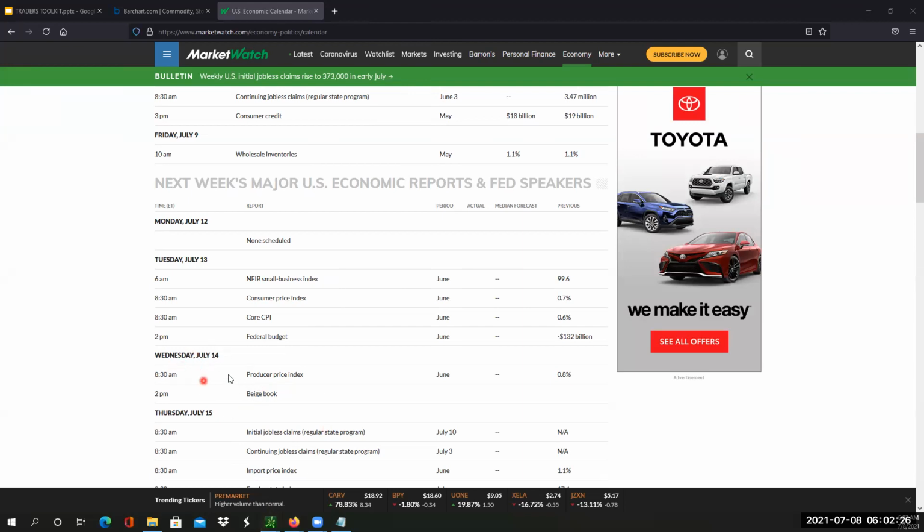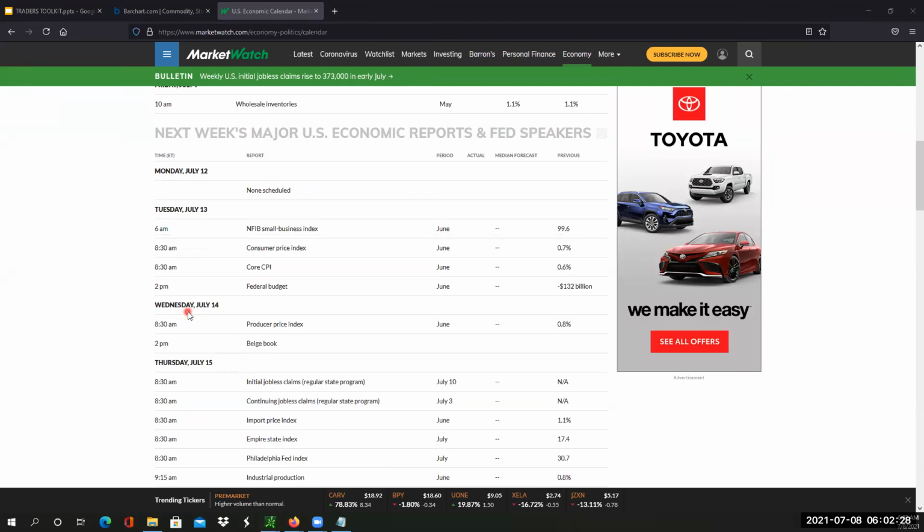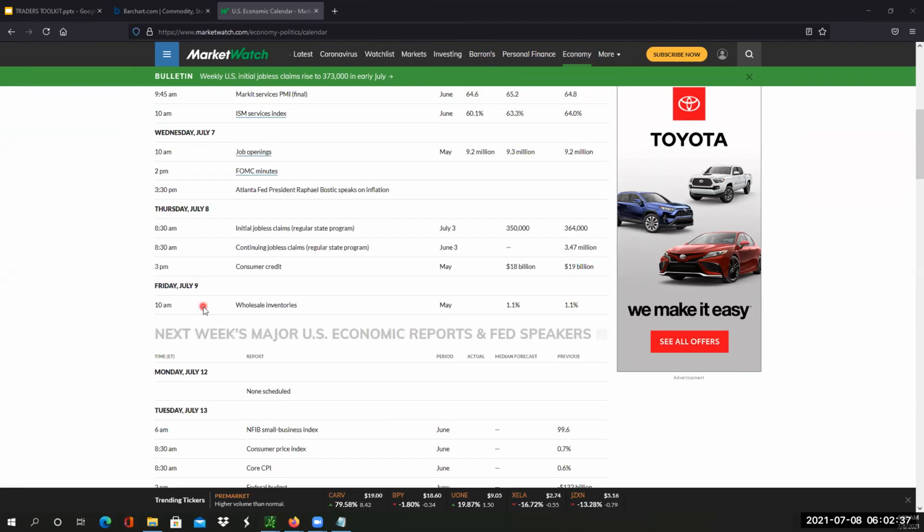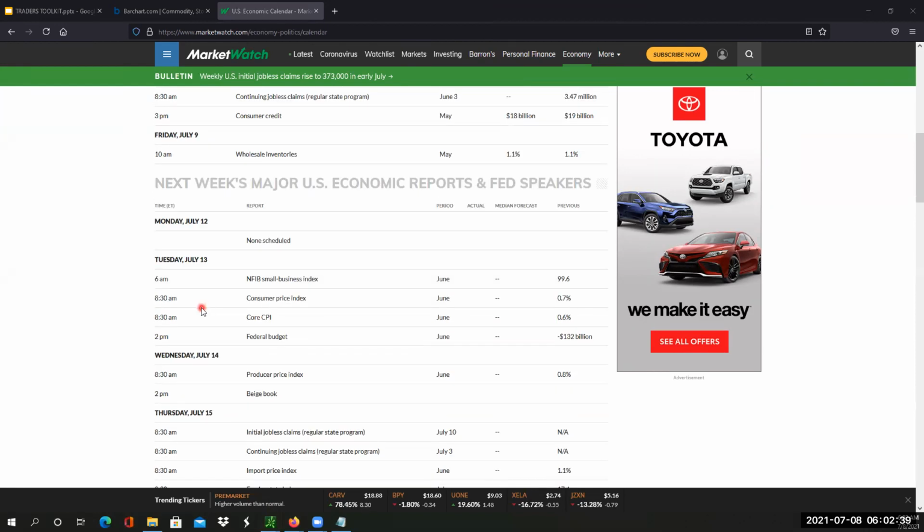I'm not too sure what time. But just keep in mind, guys, write it down on your calendar. On July 14th, Powell is going to speak. So we have about 3 days where we can have some really nice volatility and take some really good trades.